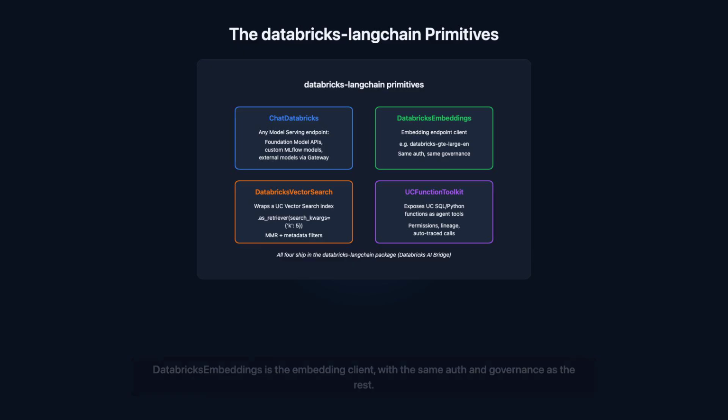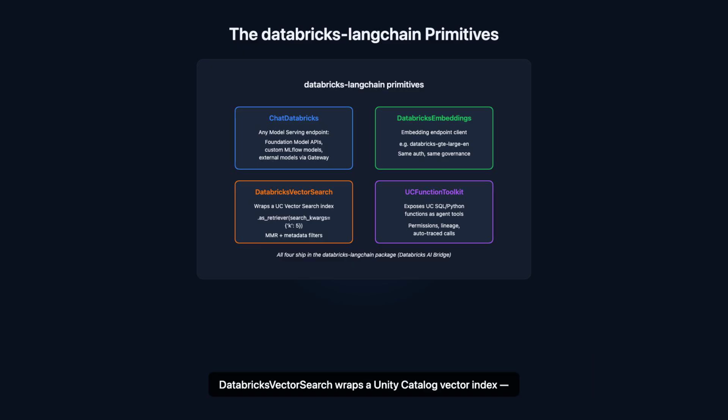DatabricksVectorSearch wraps a Unity Catalog vector index, call as retriever on it, and you get back a LangChain retriever, with maximal marginal relevance, or MMR, and metadata filtering supported. And UCFunctionToolkit exposes Unity Catalog functions as agent tools, with permissions, lineage, and tracing already attached.